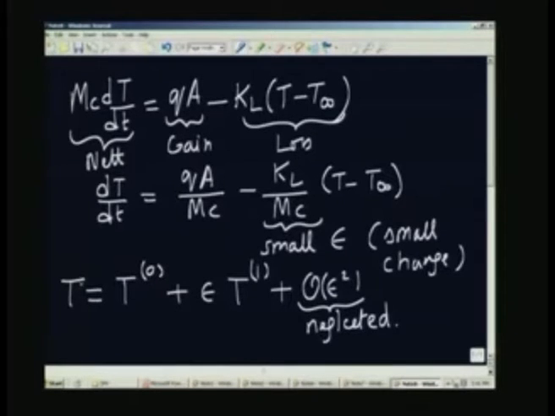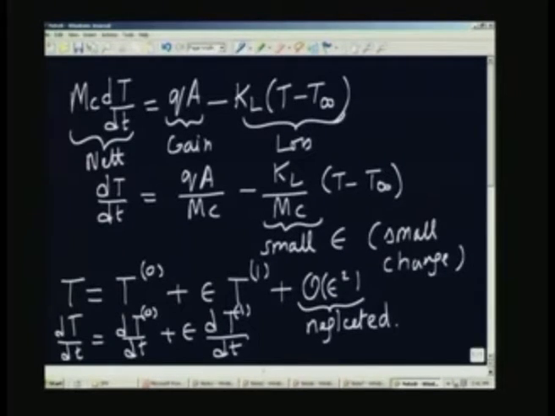So all I have to do is substitute this into the equation here, and then you will see that dT by dt will become dT naught by dt plus epsilon times dT1 by dt. The left hand side is going to become this, and on the right hand side I have this, which is a constant, and this, which is of the order of epsilon. Therefore, this term must be equal to this, and the second term must be equal to the second term here.